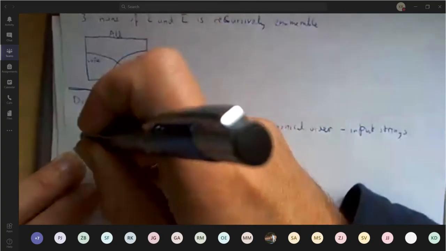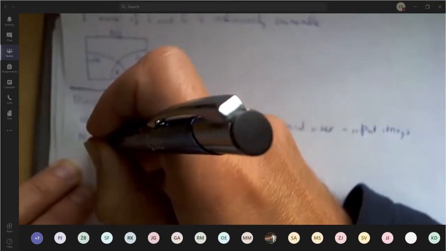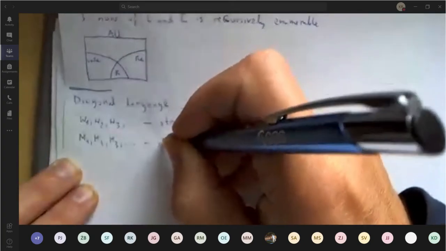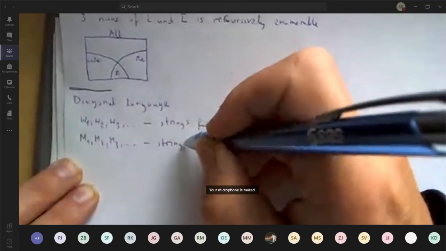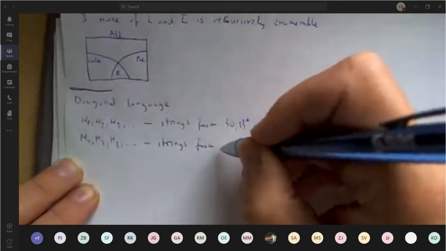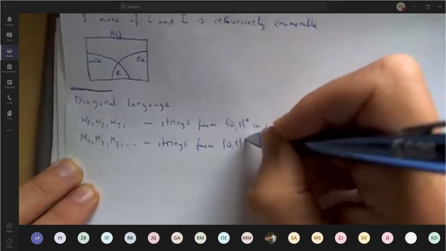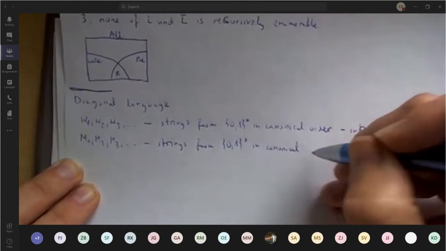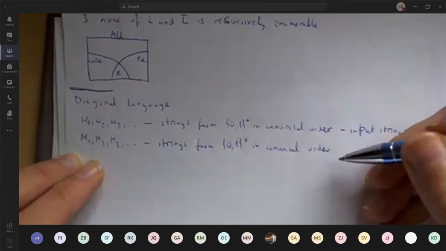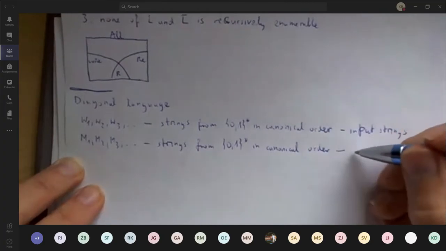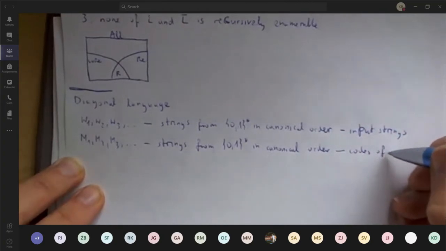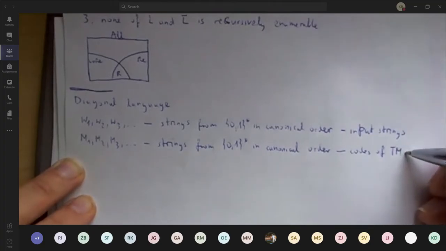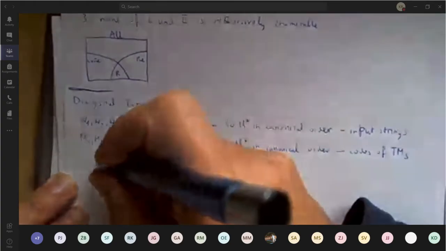And in the columns of the table will also be strings, the same sequence of strings, but now we will see them as codes of Turing machines. Okay, so this is the table.